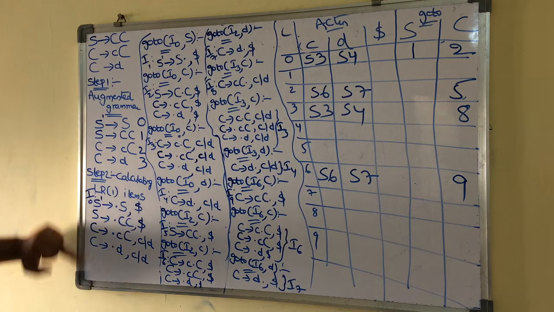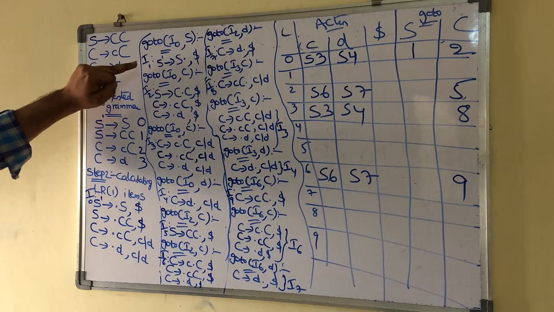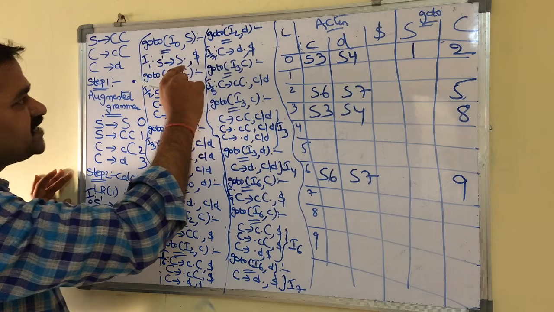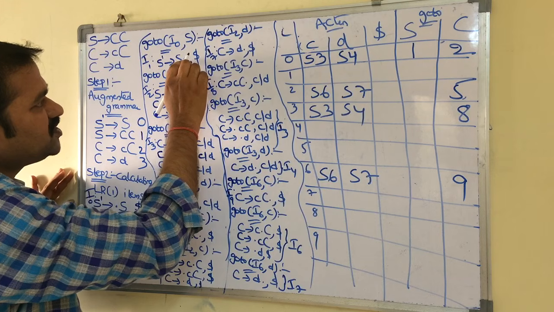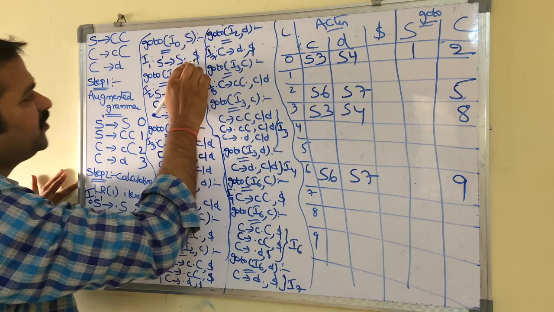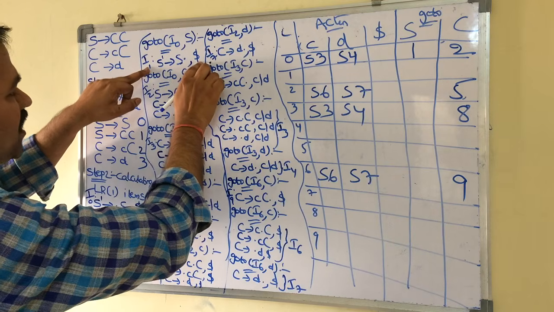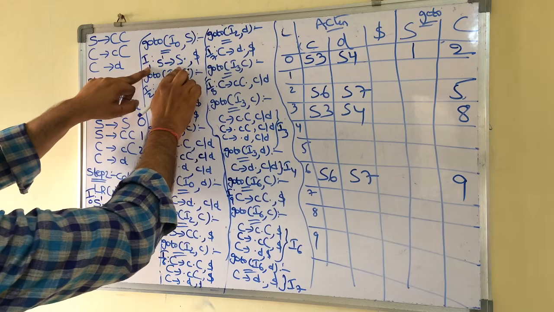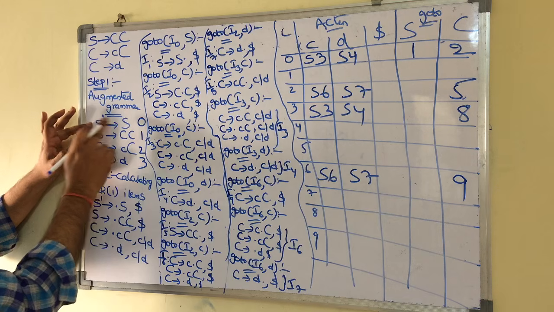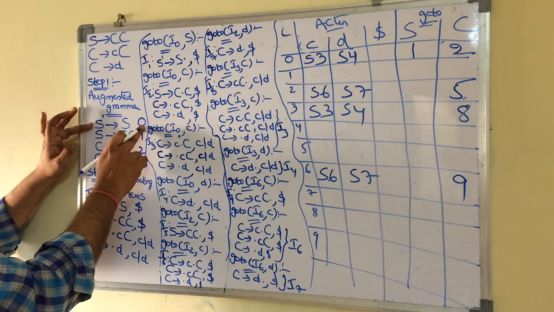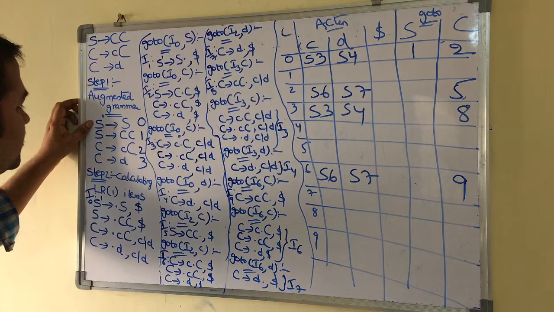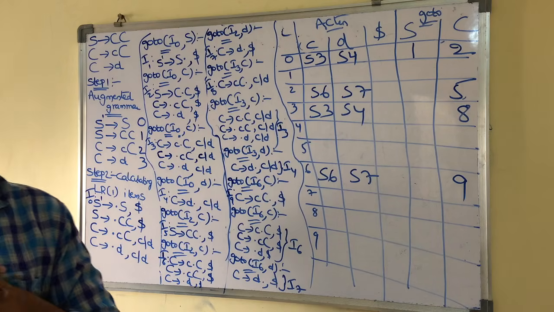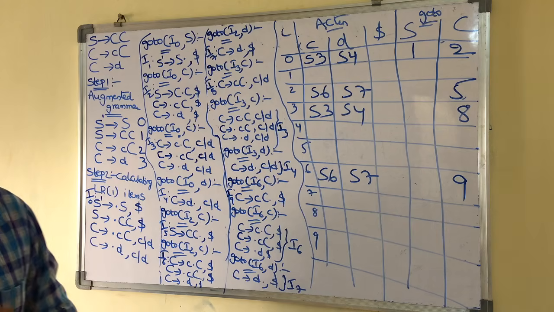So in I0 we don't have any final items. If we consider I1, S' produces S dot, it is a final item, because the dot is available at the end of the production. So $1 here is the production 0, the augmented production, the extra production which is added to the grammar.